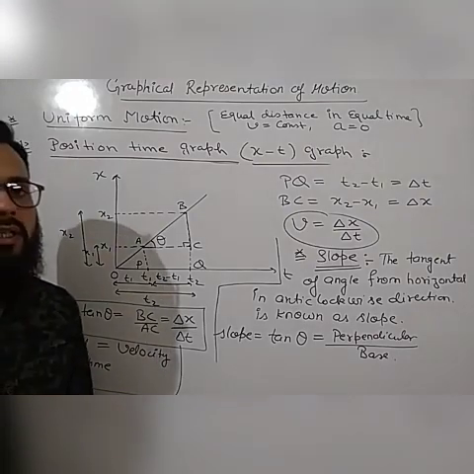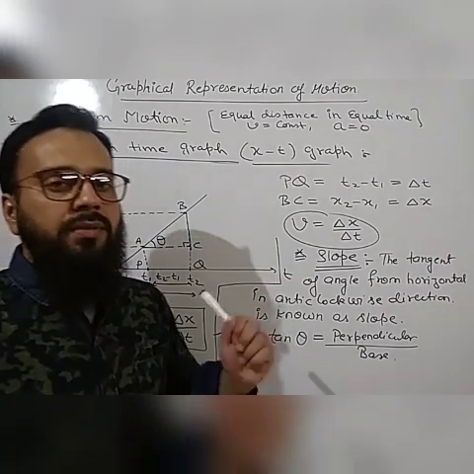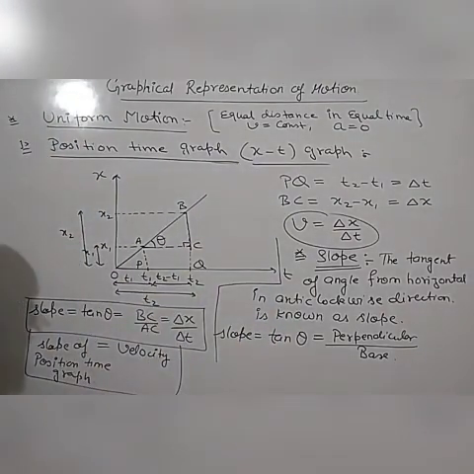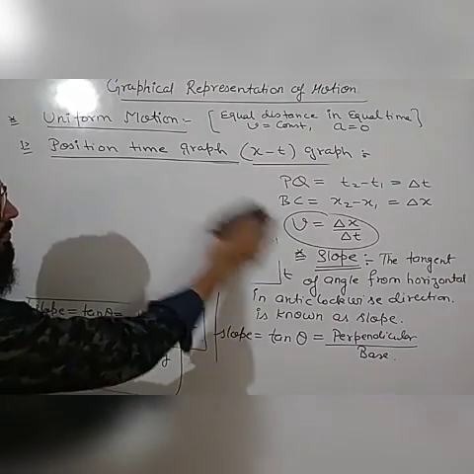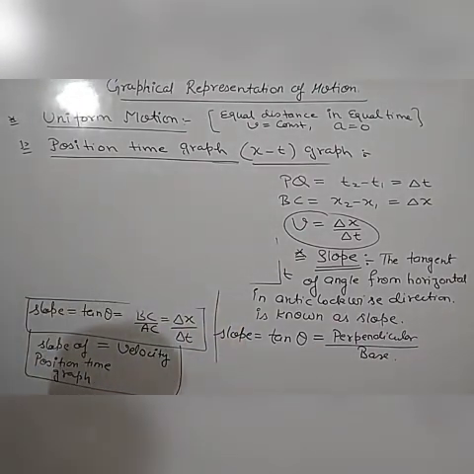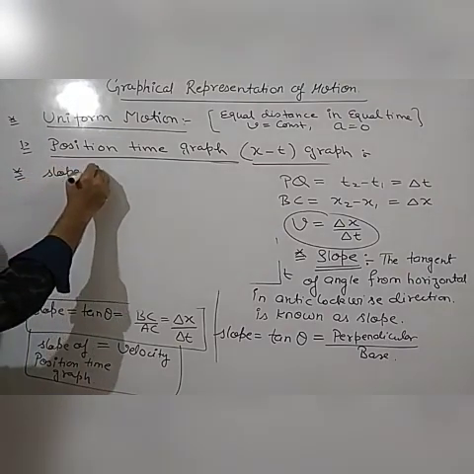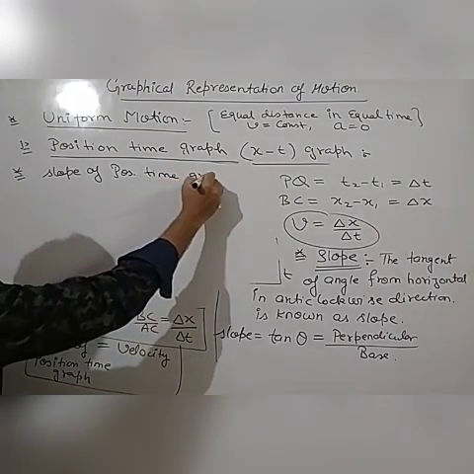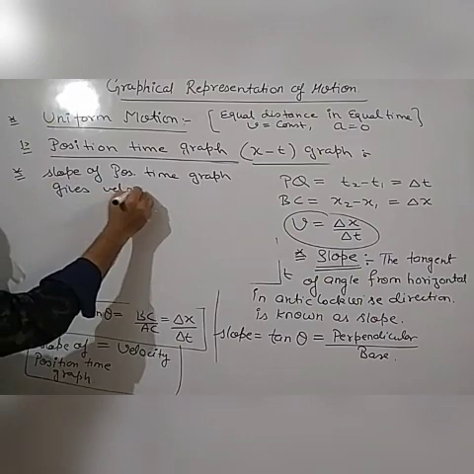Greater the slope, greater will be the velocity. Smaller the slope, smaller will be the velocity. So note it down. The main statement is: slope of position time graph gives velocity.